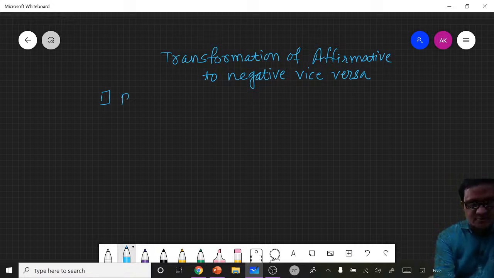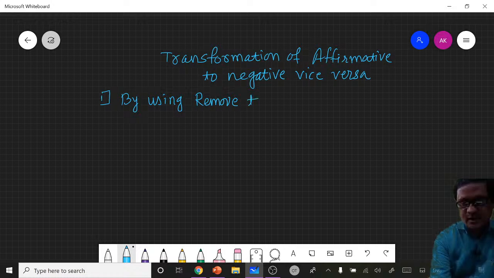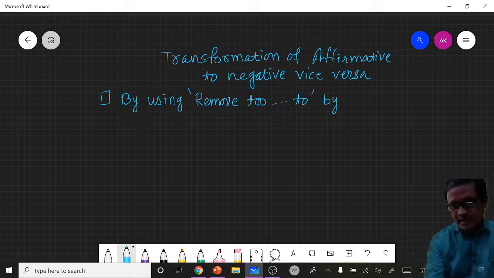So first, by using remove 'too...to' structure. I'm sure that you have learned this in the previous standard. Remove 'too dash to' by 'so dash that'.